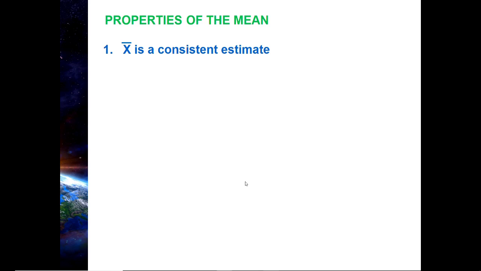Now, normally your intuition, I think, would serve you well, but this is not a case where your intuition does just that. It actually fails you, because a consistent estimate means something very, very specific in statistics. In this case, we're going to use X bar as an example.